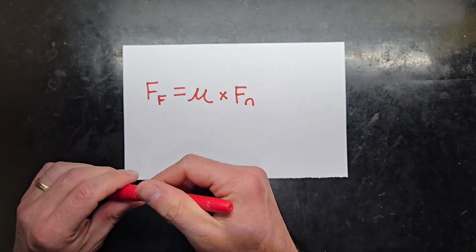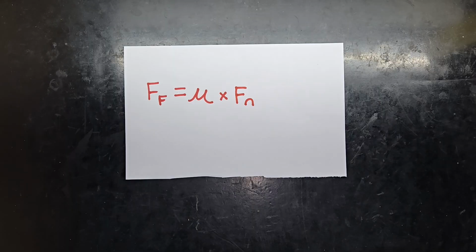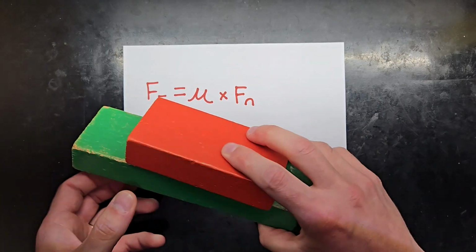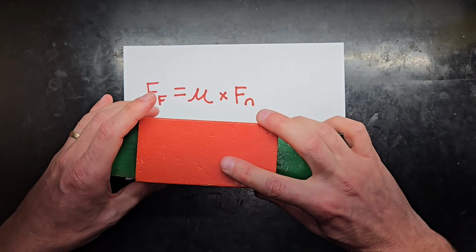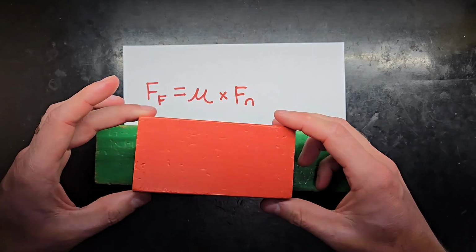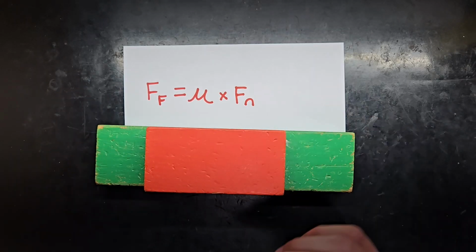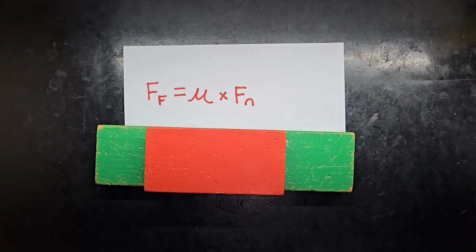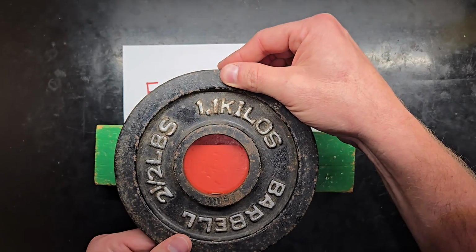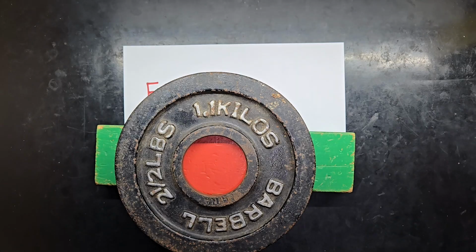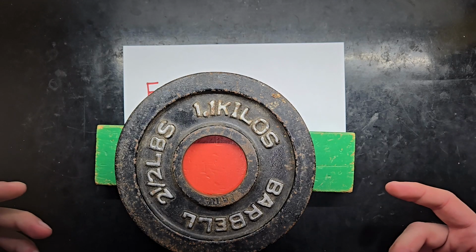Our force in the normal direction is the force that's acting on the body. So that could be the weight of the block. It could be an added force due to acceleration.